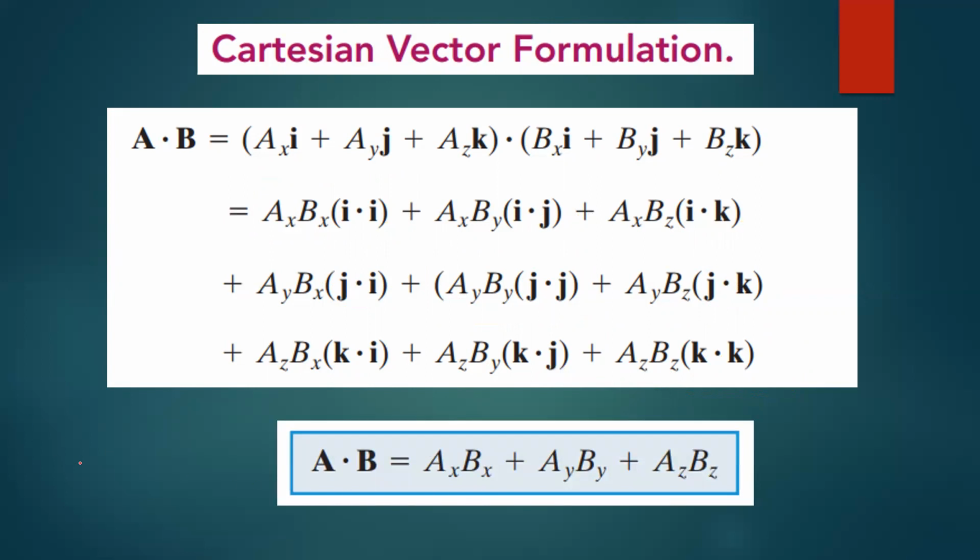The dot product of two vectors always gives a scalar, or a constant. In short, it gives a constant as the answer.